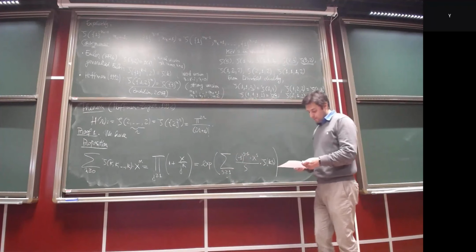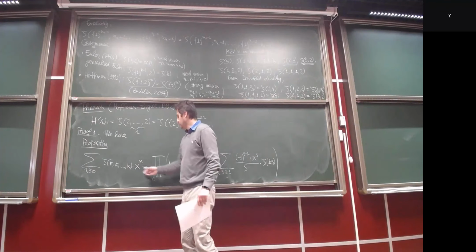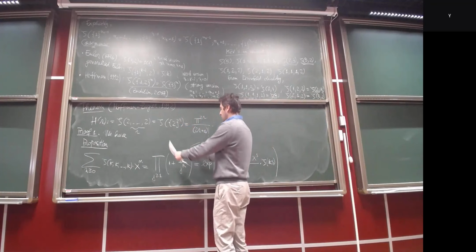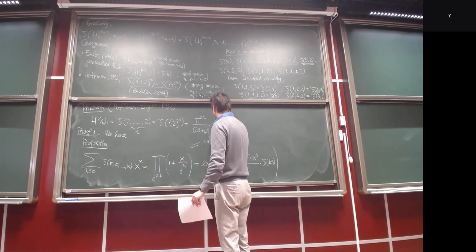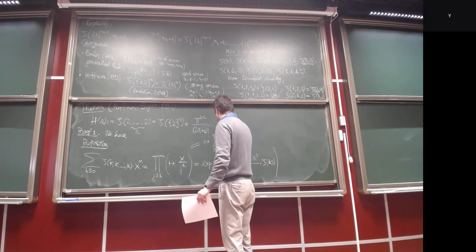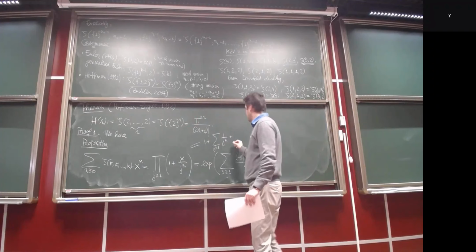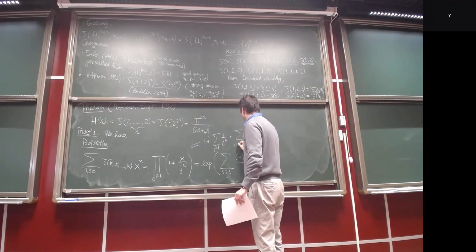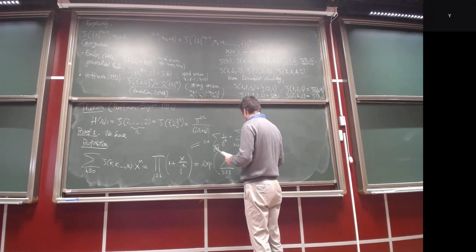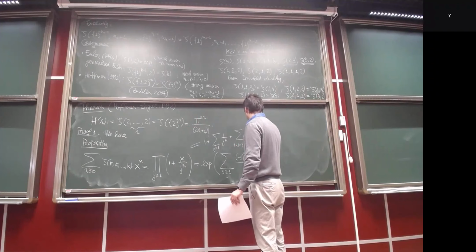Well, in fact, the first part is very easy to see. When you expand this as a product, you'll have 1 plus the sum of 1 over j to the power k, j greater than or equal to 1, plus then the next coefficient will be the sum over all j1 less than j2 of 1 over j1 to the k and j2 to the k, and so on.